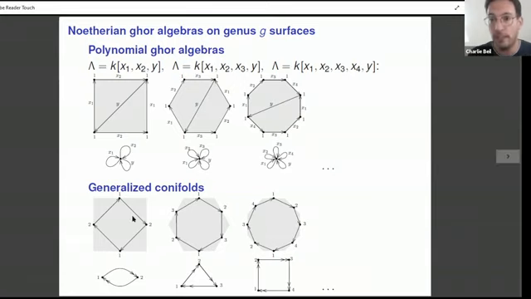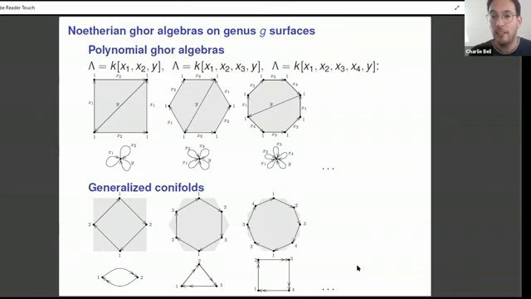So besides the torus case, the flat case, for all the higher genus ones, these are the only known examples of Noetherian Gorenstein algebras.